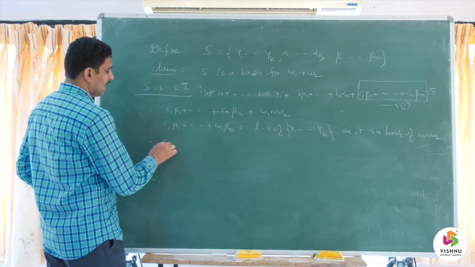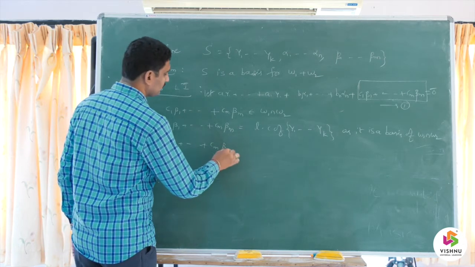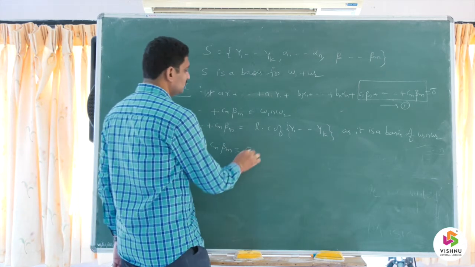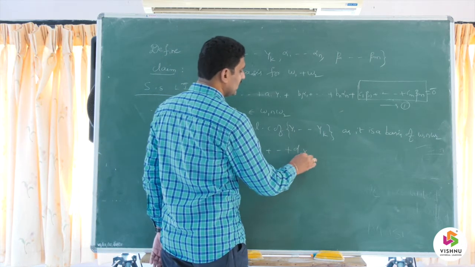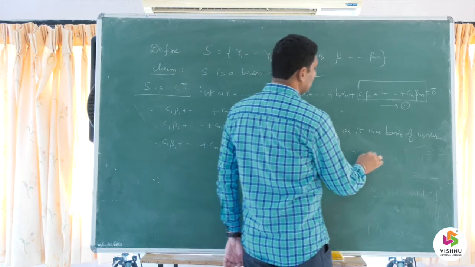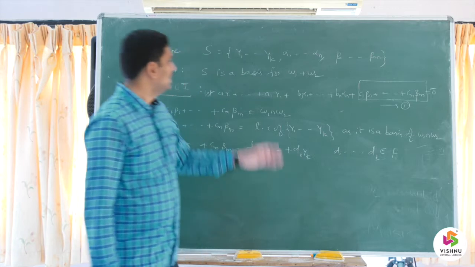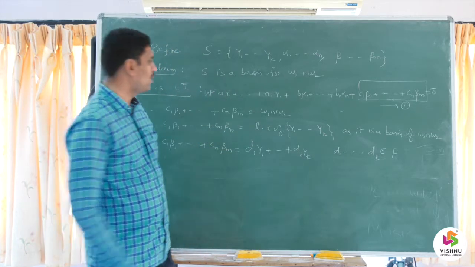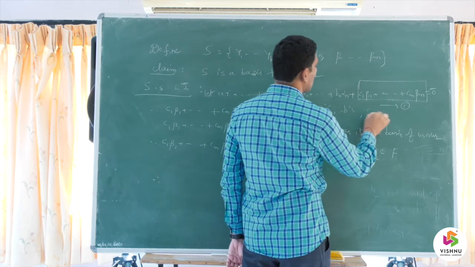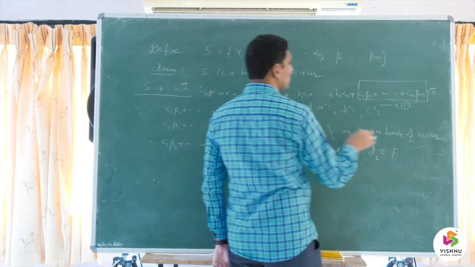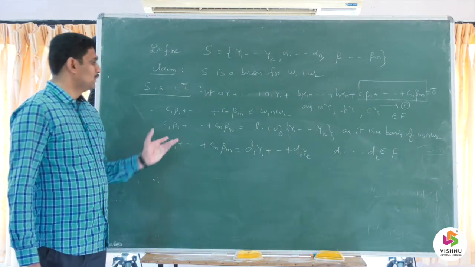Therefore, I can say that C1 beta 1 plus so on plus Cm beta m is equal to D1 gamma 1 plus so on plus dk gamma k, where the scalars D1, D2, so on dk belong to the field F. Here also, whenever you write a linear combination, all these scalars, all a values, all b values, all c values belong to the field F. Okay. So this I have written.